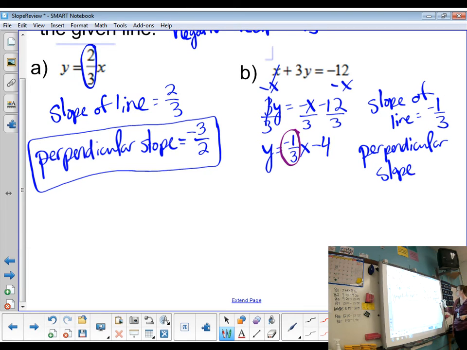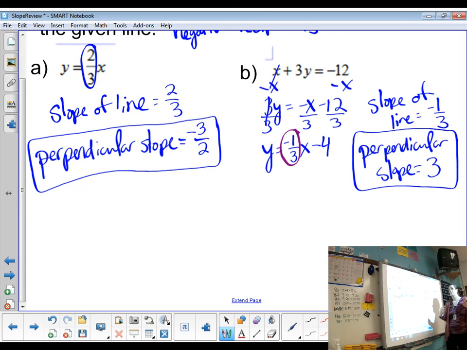So our perpendicular slope, I'm going to take my negative 1/3, I'm going to flip it, and I'm going to change the sign. Since this was a negative, it's going to become a positive. You could write positive 3/1, but since 1 is in the denominator, you can drop it and just make it a positive 3. So the perpendicular slope, a line that is perpendicular to x plus 3y equals negative 12, that line would have a slope of 3.